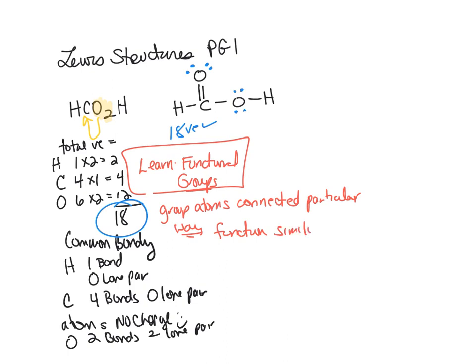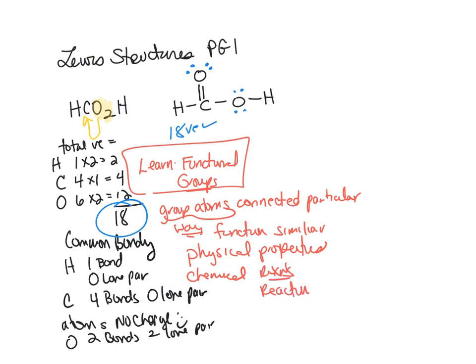If you look in your chapters, they're based on these different functional groups. These groups of atoms will have similar physical properties, which are boiling points, melting points and solubility, and also similar chemical reactions. That's how we learn and characterize organic compounds.